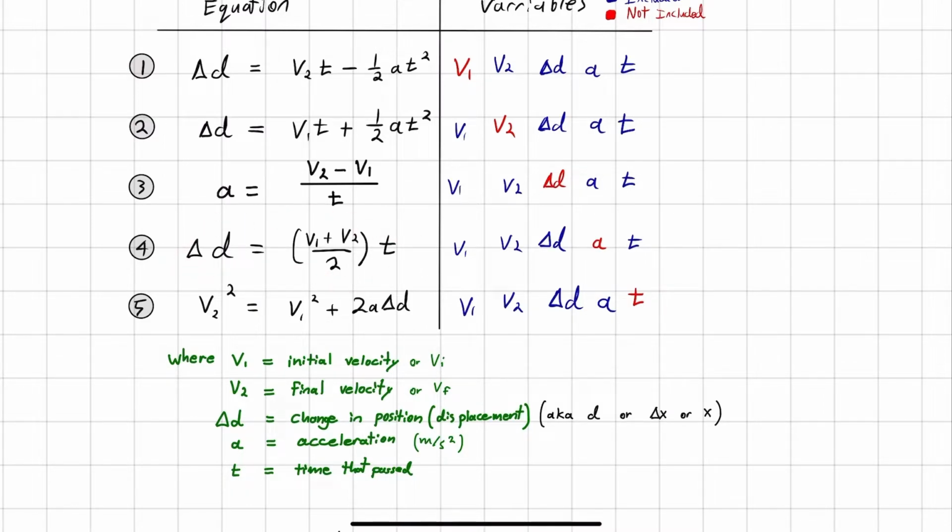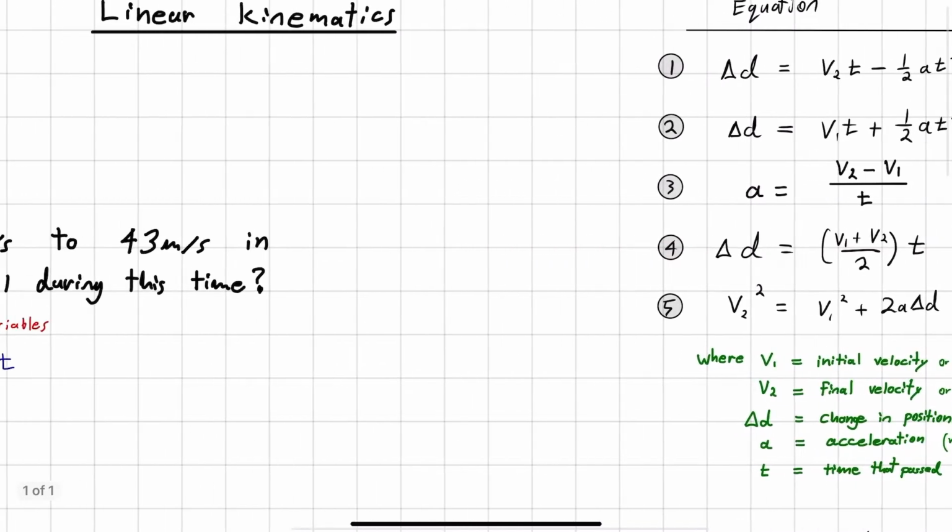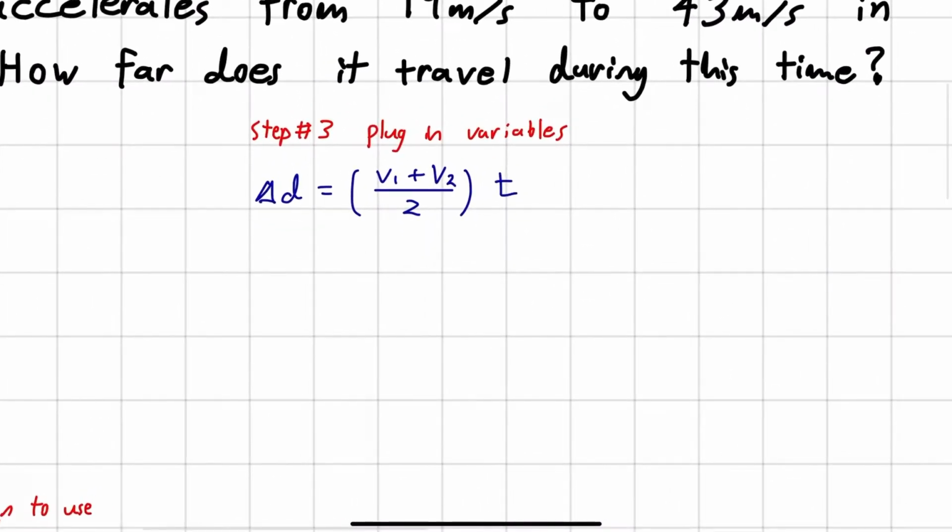You might also have your equations rearranged differently, like this equation could be written in terms of t, but regardless, there's 5 unique equations, and so I want you to focus more on the equation, not the number itself, because depending on where you're looking, you might have a different number associated with it.